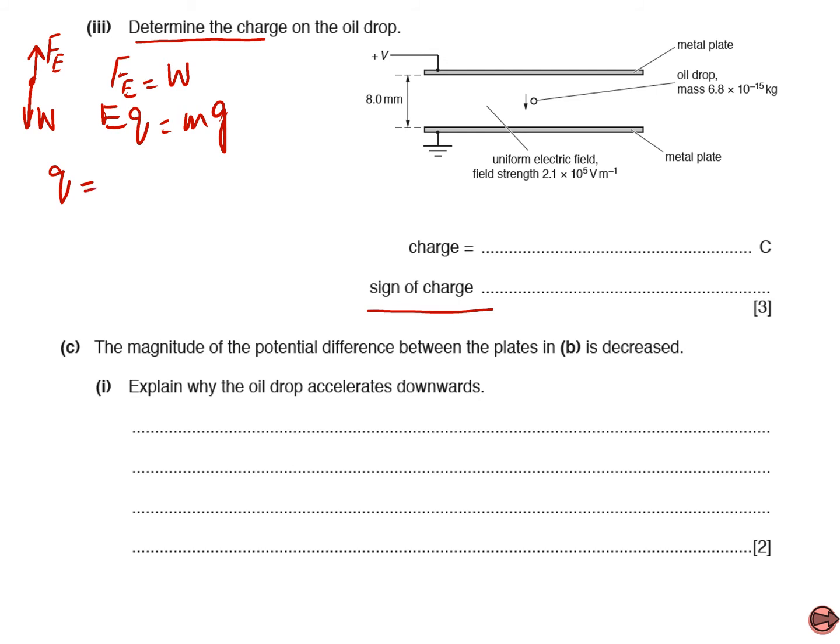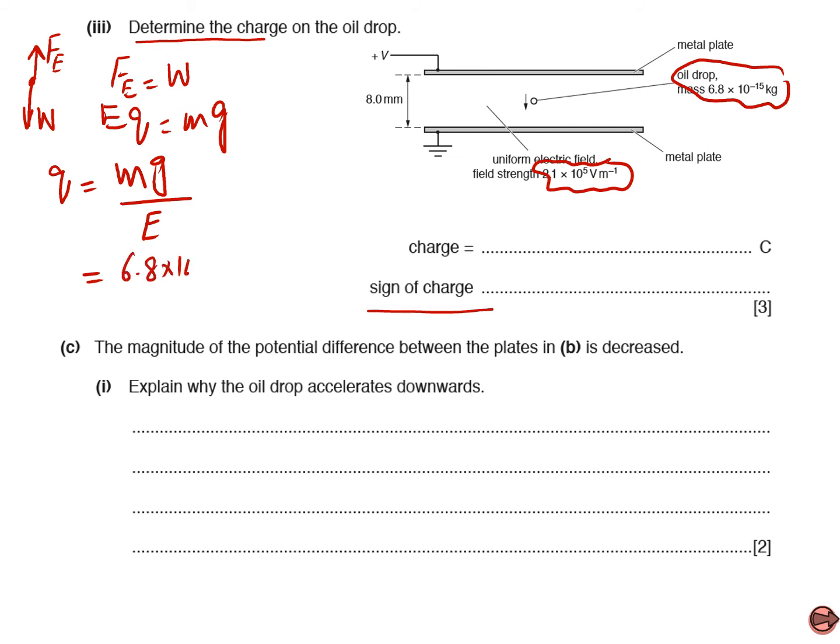So we can just rearrange this to Q equals mg divided by E, plug in values and find the value of the charge. The mass is given to us, and the value of E is given, and g is a constant. So we can write down the mass first of all.